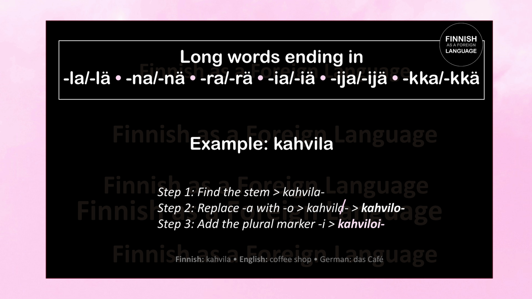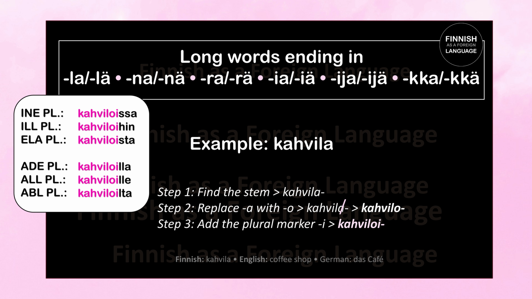This is our plural stem. So the inessive plural is kahviloissa, illative plural is kahviloihin, elative plural is kahviloista, adessive plural is kahviloilla, allative plural is kahviloille, and ablative plural is kahviloilta.